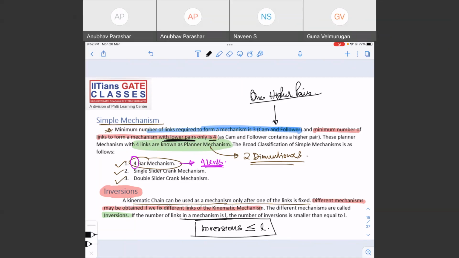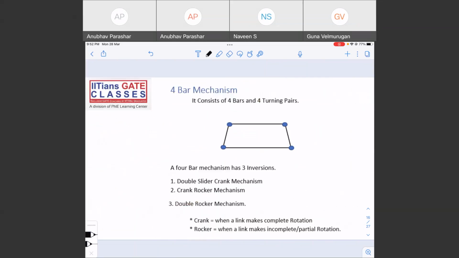By fixing 4 different links, you'll have 4 different mechanisms. Similarly, in the double slider crank mechanism, you'll again have 3 inversions. We are going to see that in today's lecture. Okay. So let us start with the 4-bar mechanism. We have already seen this 4-bar, right?